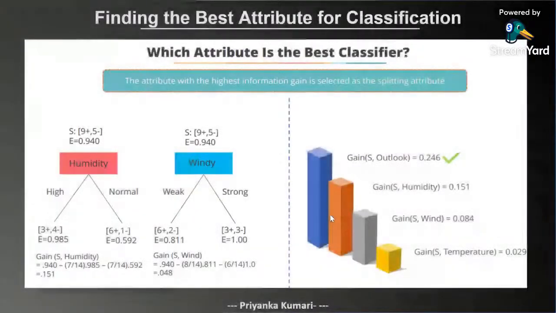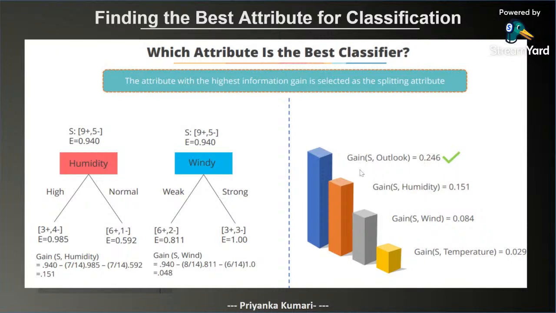Then let us try to find what will be the best attribute for classification. The best attribute for classification can be found using information gain. We can calculate the information gain of each node using entropy, and the attribute whose information gain is the highest, we will take as the root node.